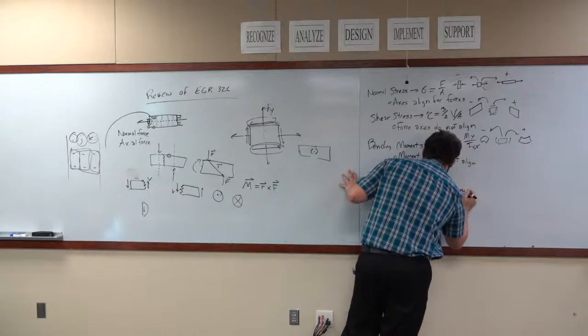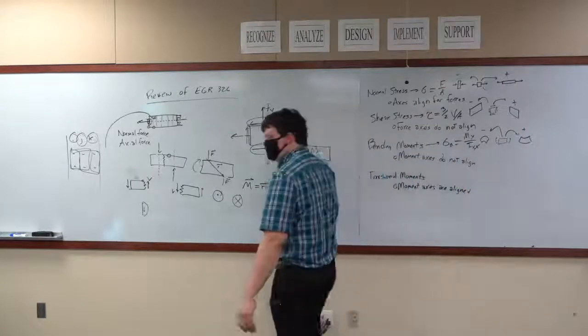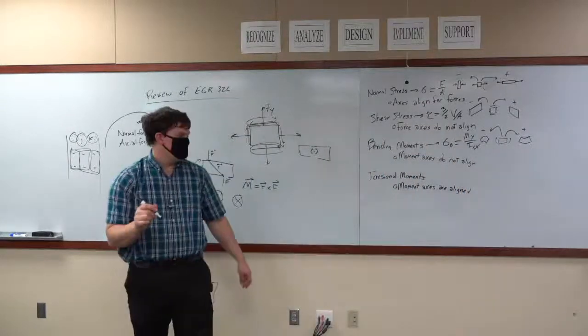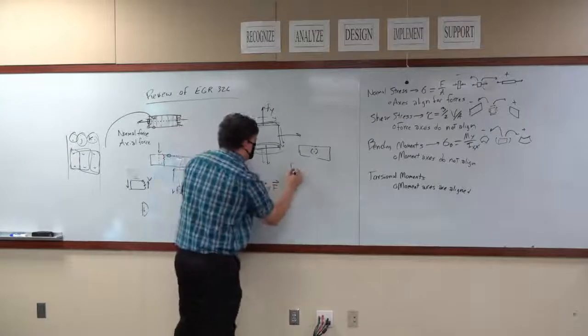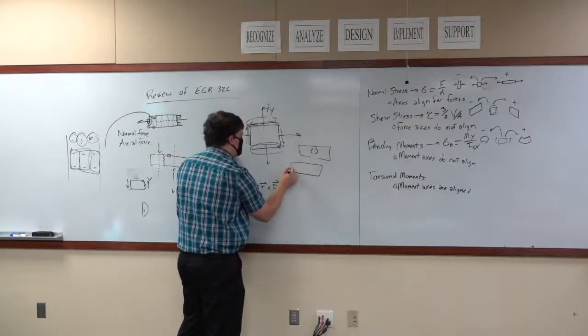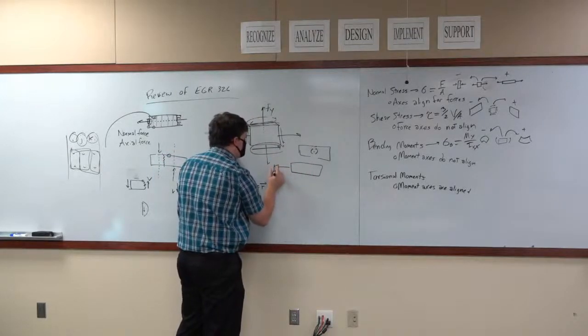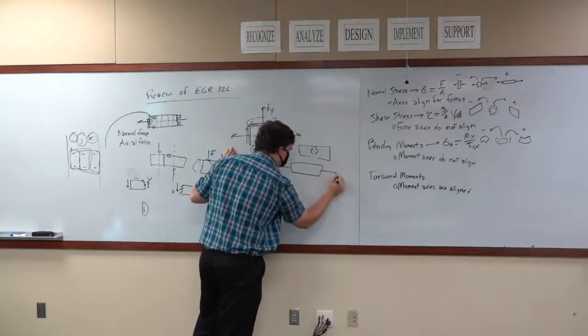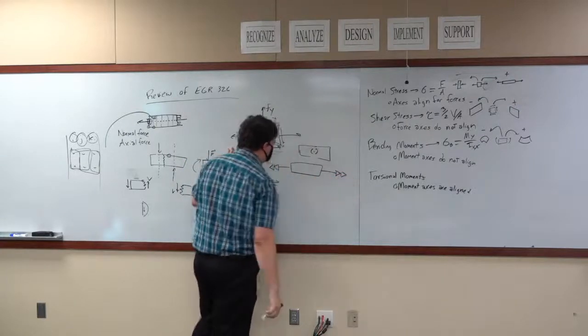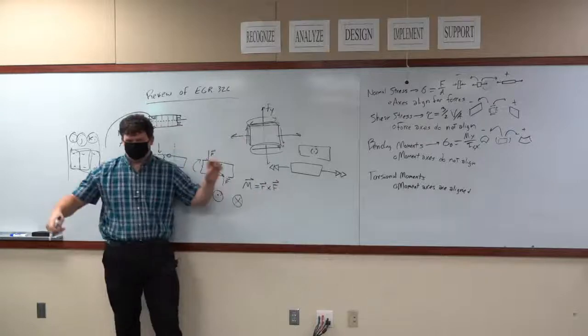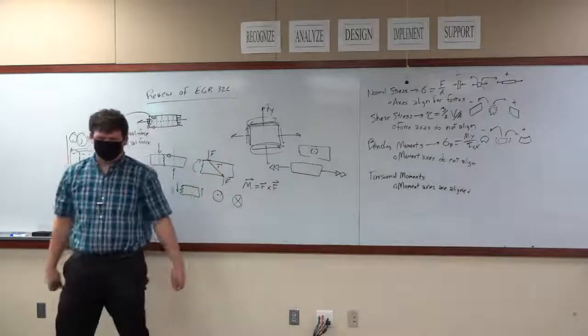Because they're aligned, you cannot draw them nicely in this view. The best way to draw it, say here's your bar, is to draw a torsion with 2 arrow cross sections. Okay?